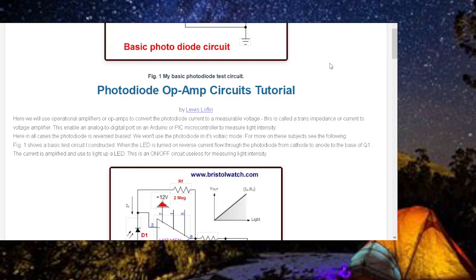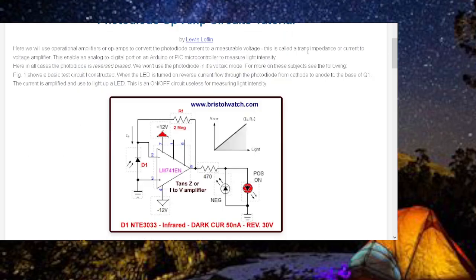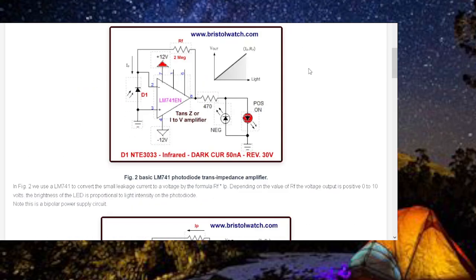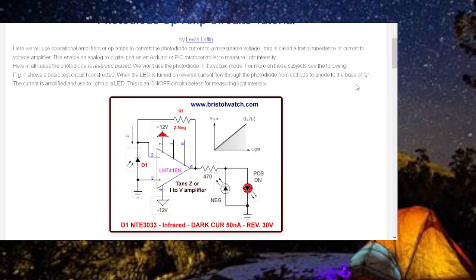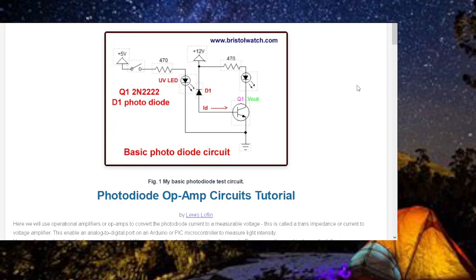This is called a transimpedance or current to voltage amplifier. Okay. We use an LM741 to convert the small leakage current.